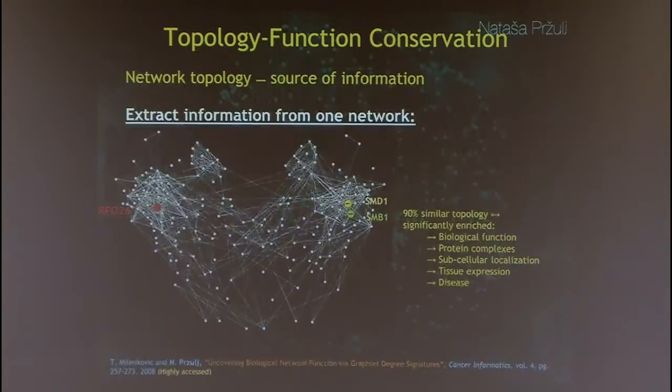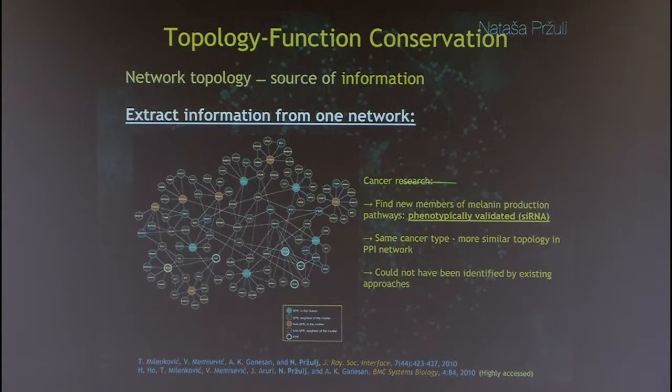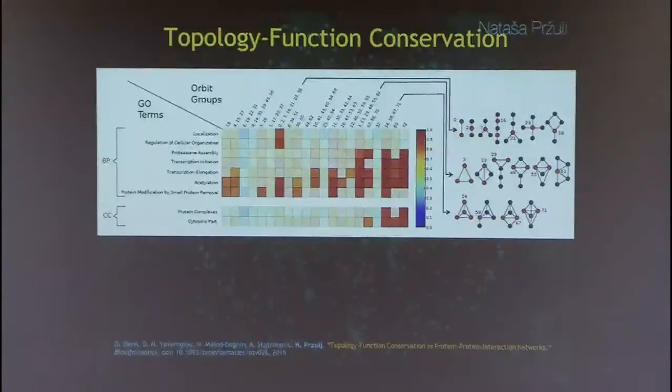But I will not talk about graphlets in this talk. I'd just like to remind you that we showed a long time ago that similarity in the wiring patterns of faraway nodes means statistically significant similarity in biological function, membership in protein complexes, subcellular localization, tissue co-expression, and involvement in disease. Our predictions of new members of melanin production pathways were phenotypically validated by siRNA screens at the UC Irvine Dermatology Department while I was an assistant professor there.